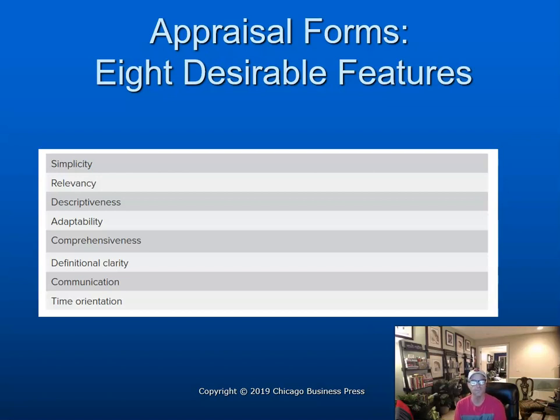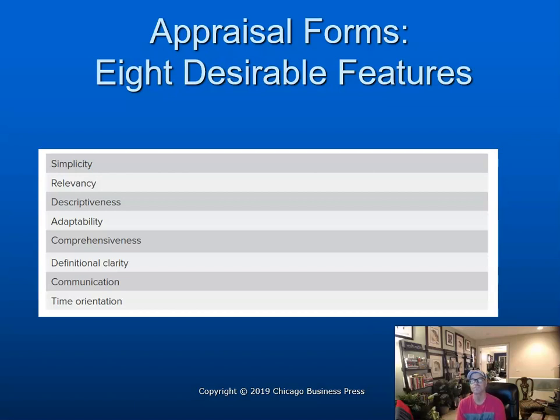Given the simplicity of the evaluation, it should not take long, not only to complete the form on behalf of the supervisor, but also to present that form on behalf of the supervisor to the employee. Simplicity really is the rule.